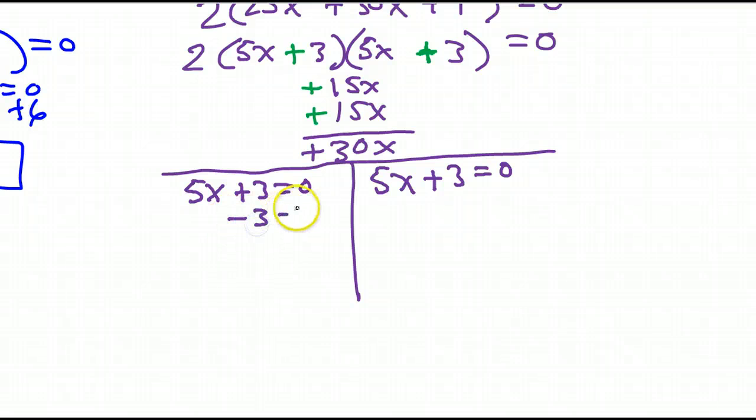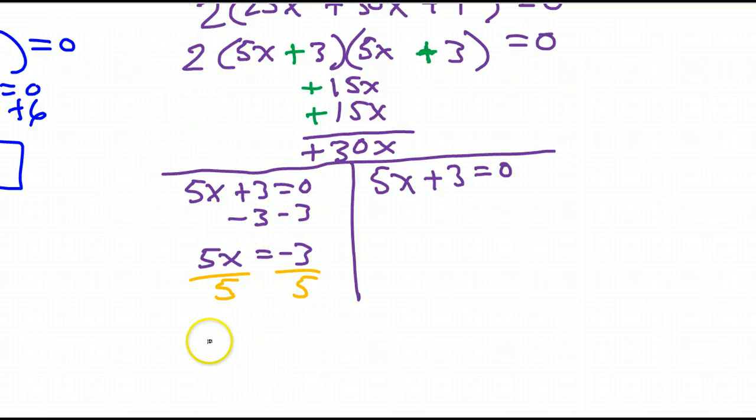So when we subtract 3 from both sides, we get 5x equals negative 3. And when we divide by 5, then we get x equals negative 3/5.